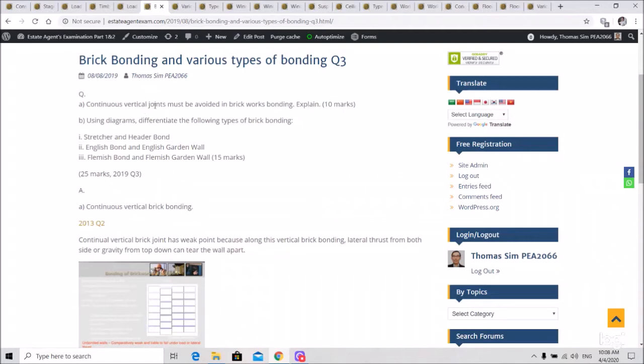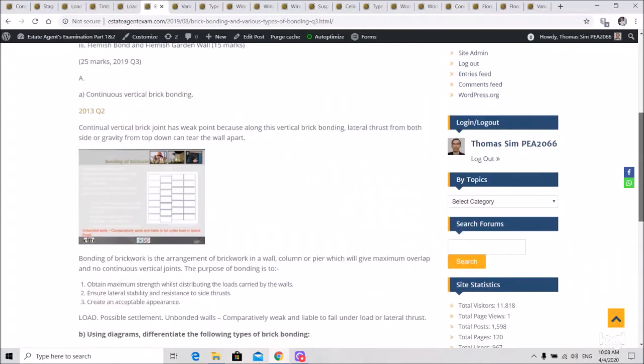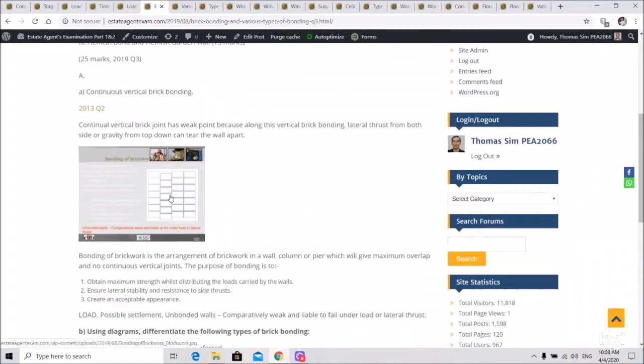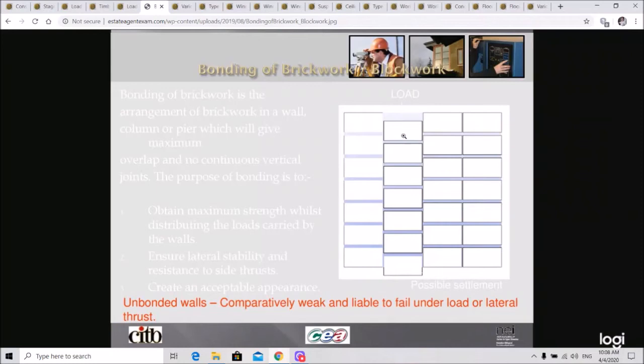The vertical line here means continuous vertical joint must be avoided, because any weakness in the middle of the block, in the middle of the wall, would make this wall weak. Here I want to highlight this particular picture. If the bricks are laid right on top of each other, the vertical line is weak.